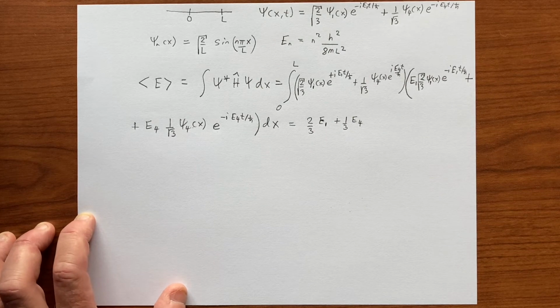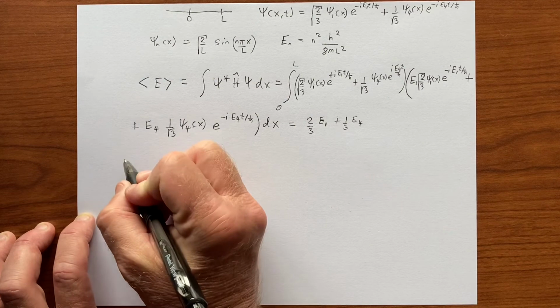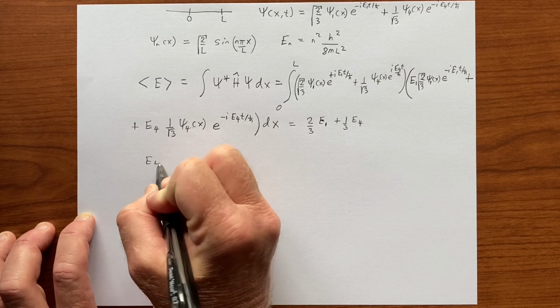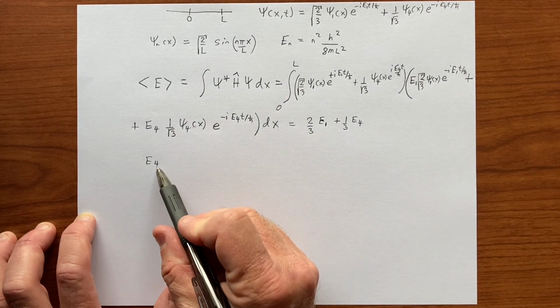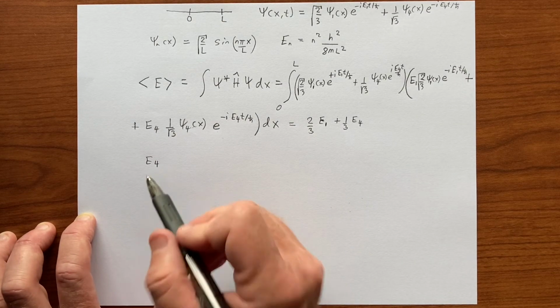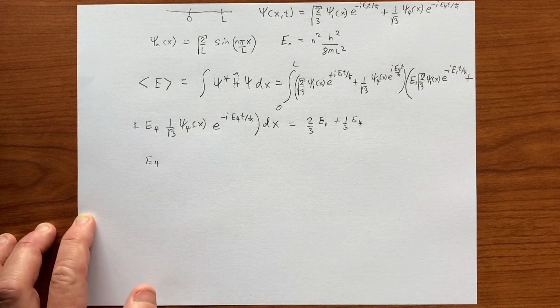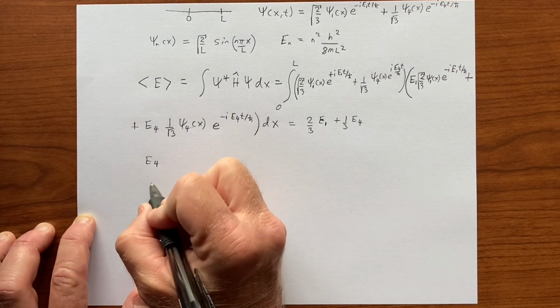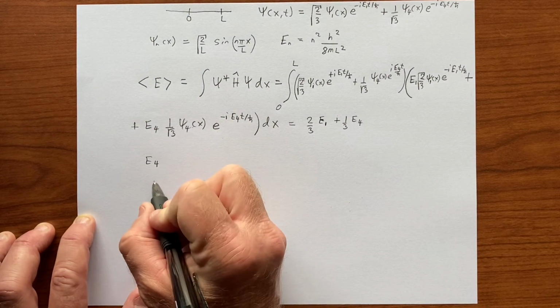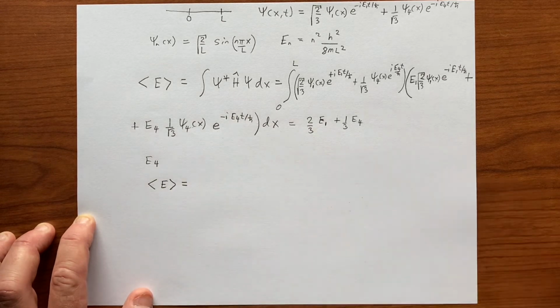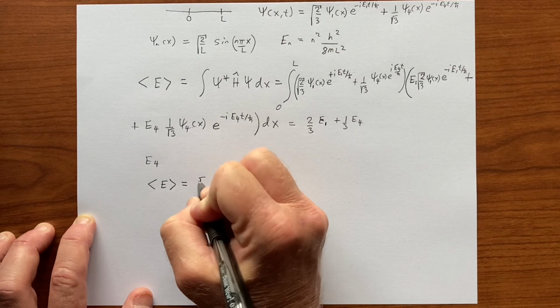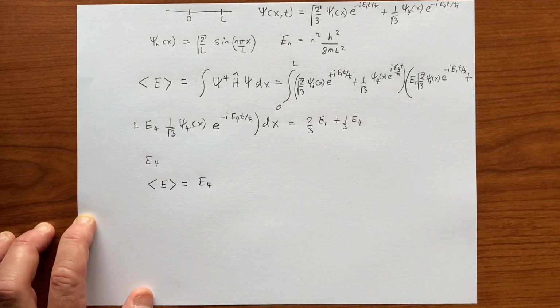But now let's again go back to imagining that we measure the energy, and let's say we get E4 after a measurement, and now we measure the energy again, and we continue to get E4. So once we've done a measurement of energy on one system, then we know that the average energy, because the energy is fixed, will continue to be E4.